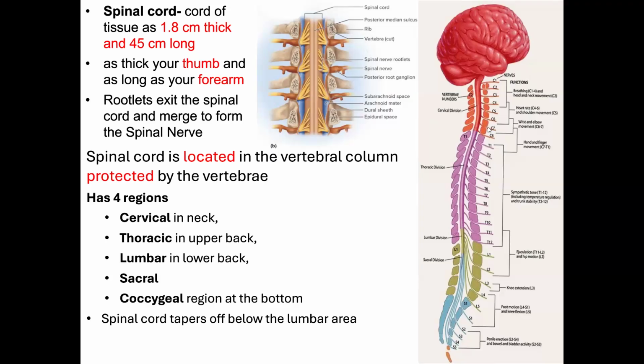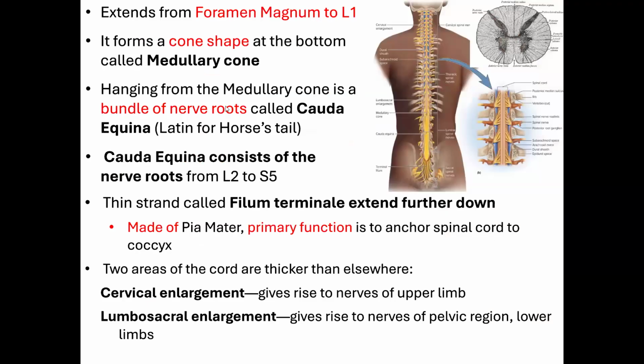And if you look at the spinal cord, there are some regions. There's a cervical region, thoracic region, there's a lumbar region, and there is a sacral region. So these are the regions of the spinal cord. And so I told you it starts from the foramen magnum, and around L1, it stops.